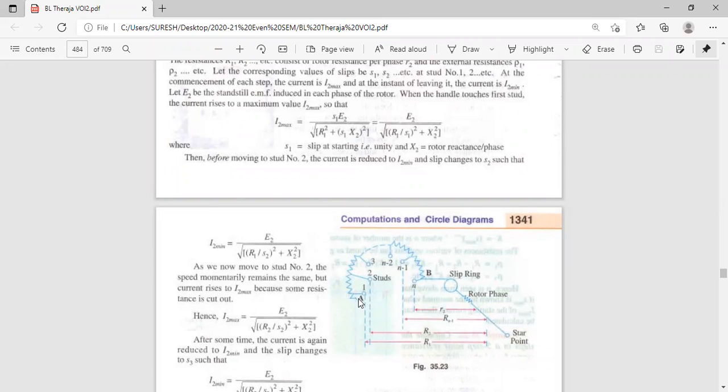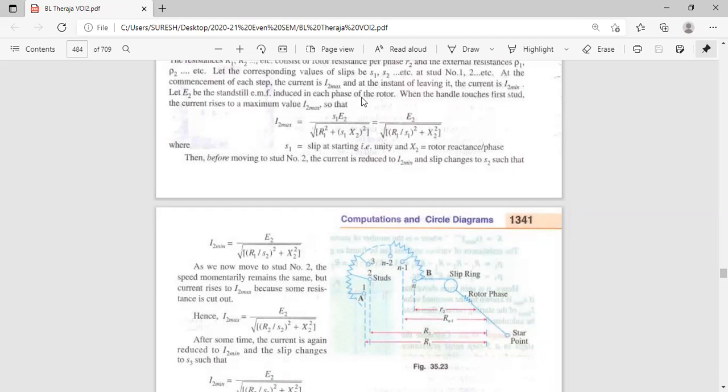Now let us say the handle is at stud number 1. I am taking I2 max. Slip is S1, so in place of S, write S1. S1 into E2 is the EMF of the rotor.